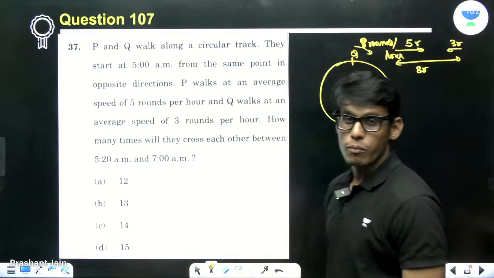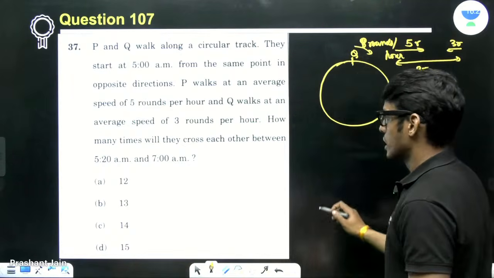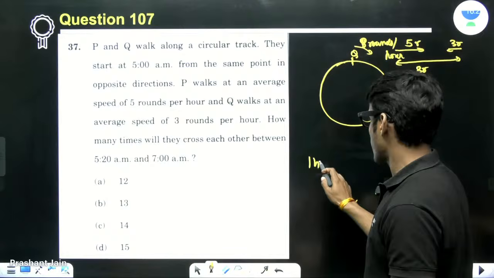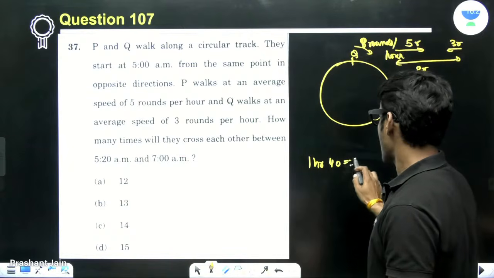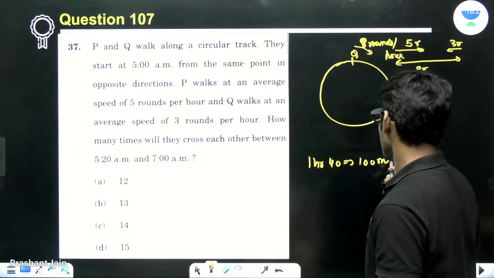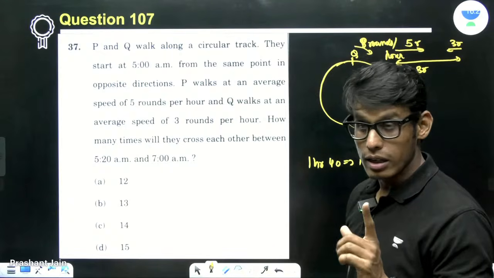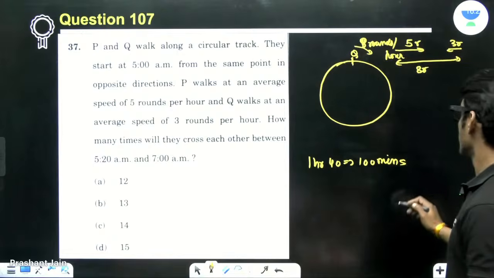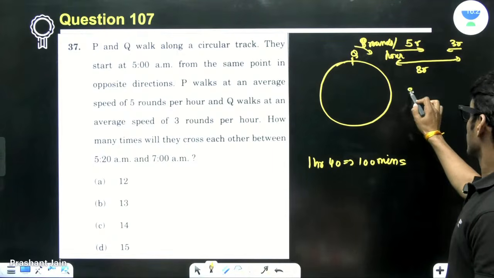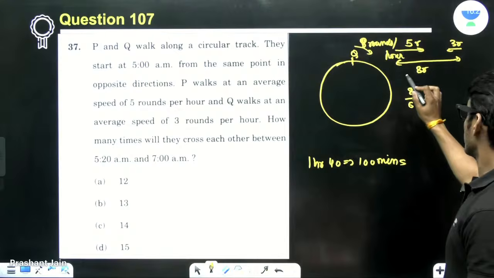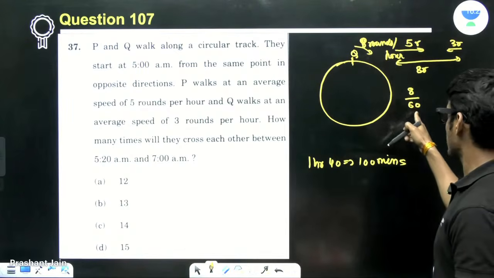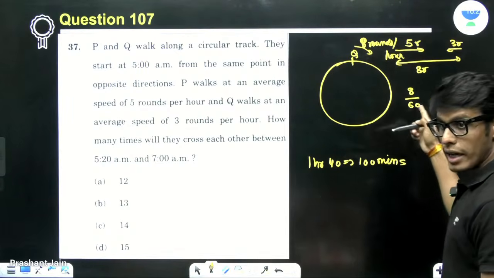Now how many hours are these? From 5:20 to 7. Can you see that this is 1 hour 40 minutes, meaning 100 minutes. Please look carefully. This guy was doing 8 rounds in 60 minutes.